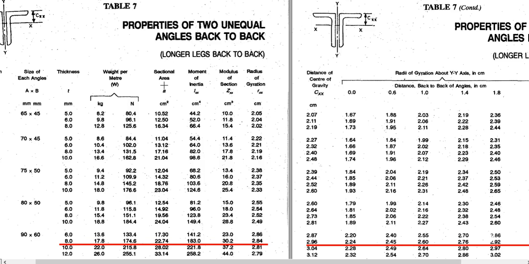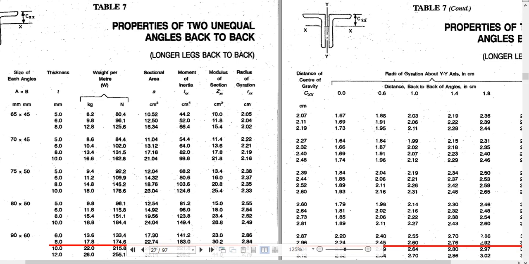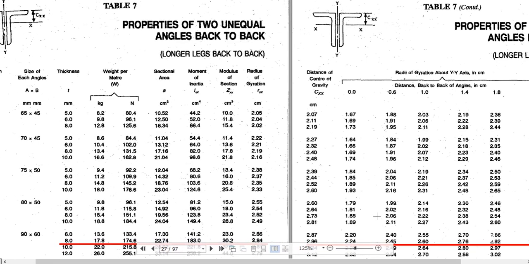This is AG, so it is 22.74 centimeter square. The other values, that means moment of inertia, modulus of section, radius of gyration, center of gravity, everything is given. Whenever you require these values, you have to take this reference, that means this steel table.